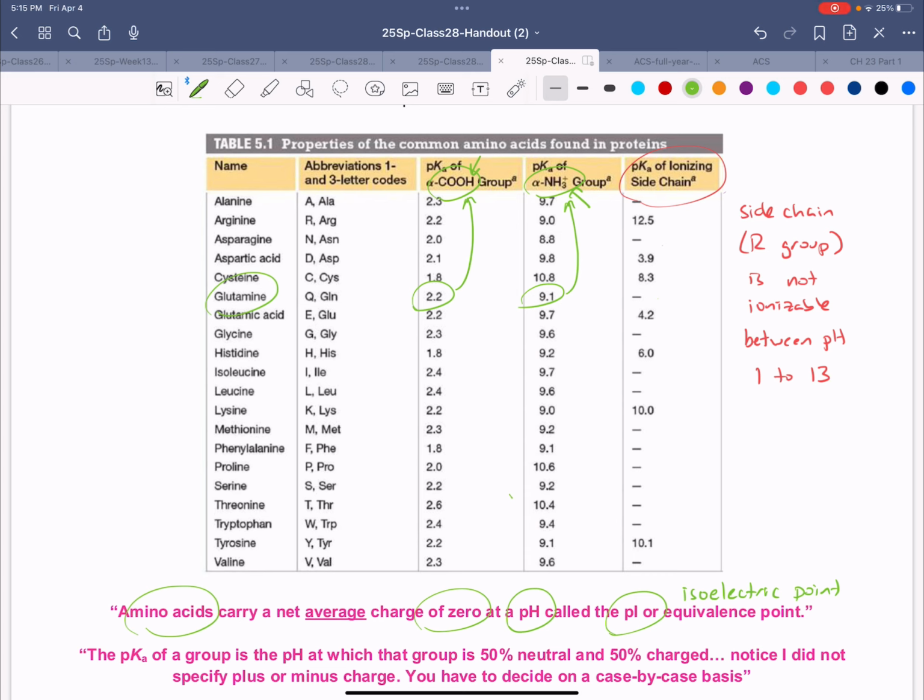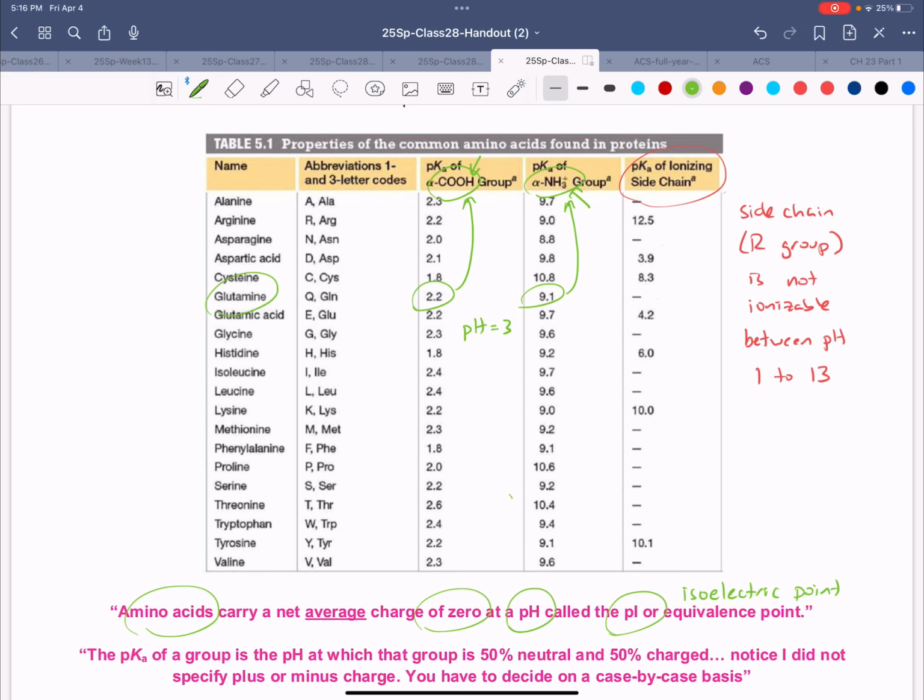What I mean by above 9.1 means we're on the basic side of 9.1. Above 2.2 means we're on the basic side of 2.2. So something like a pH of 3, right? This is important to know, the terminology.